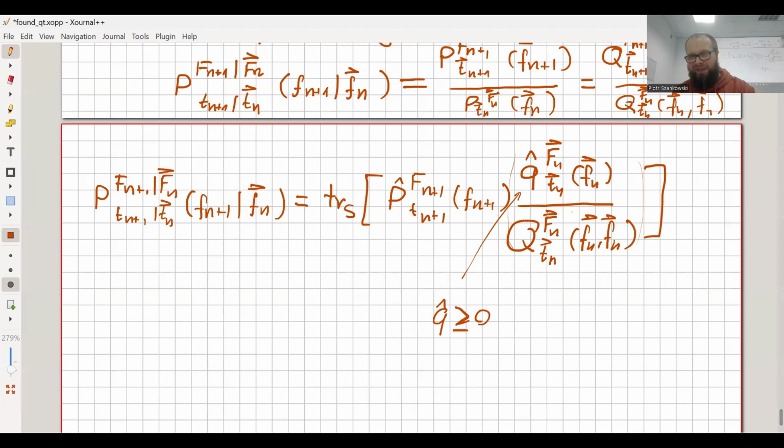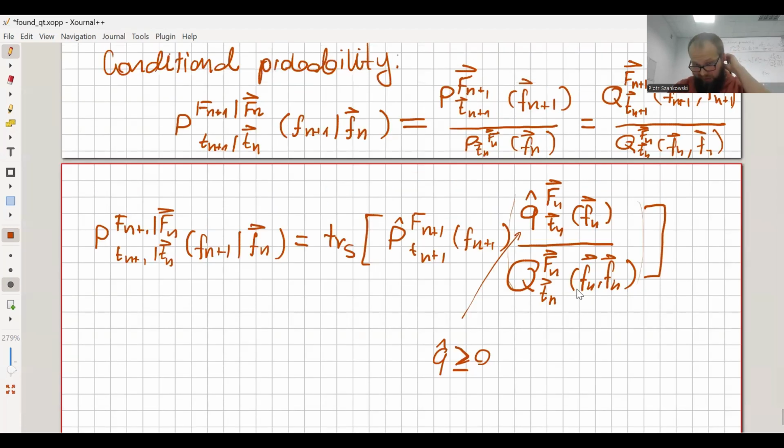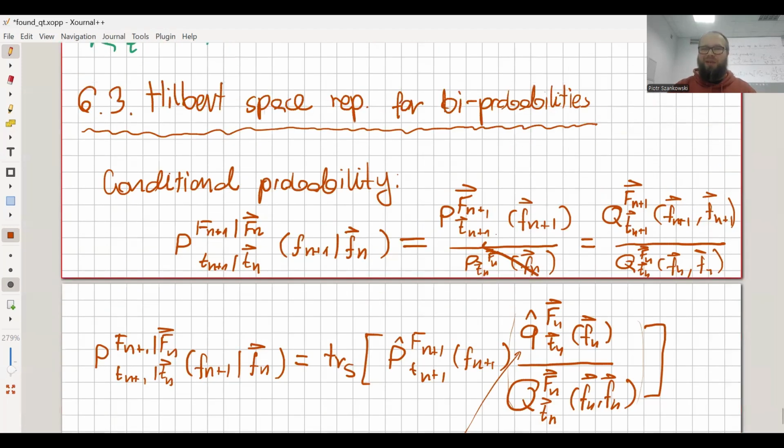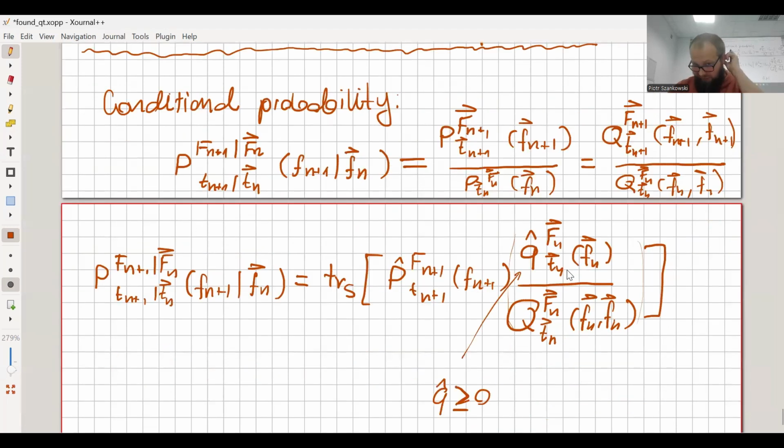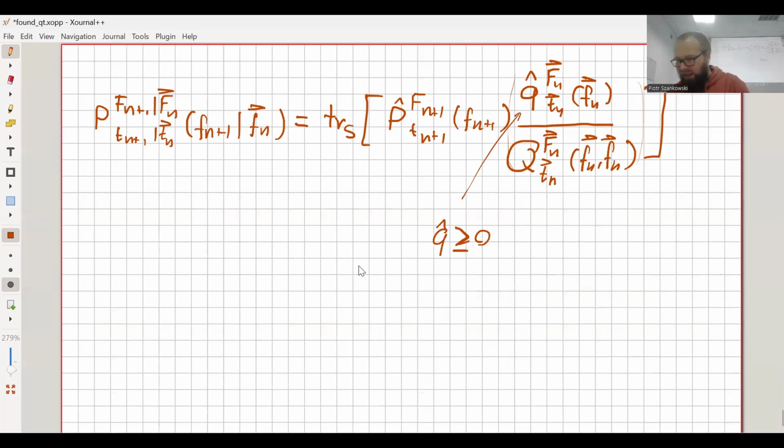And I divided it by small q, because this is what gives me the normalization. By using the definition, the Bayes rule, you can figure out that this gives you the proper normalization. And now we will do a trick.